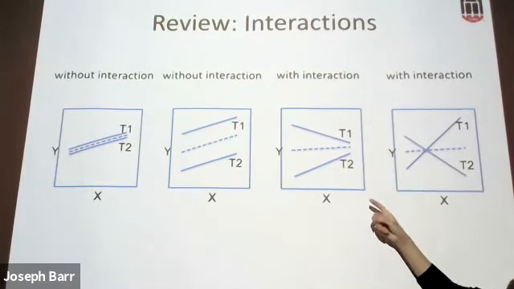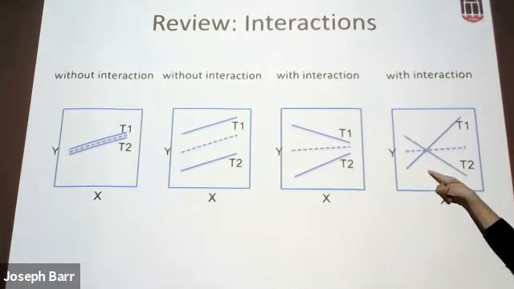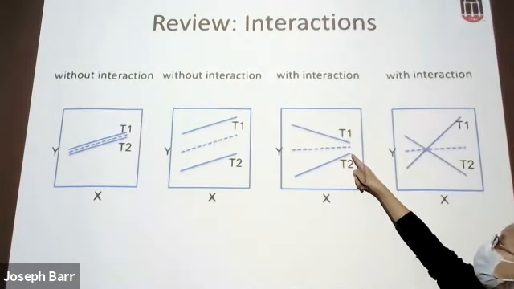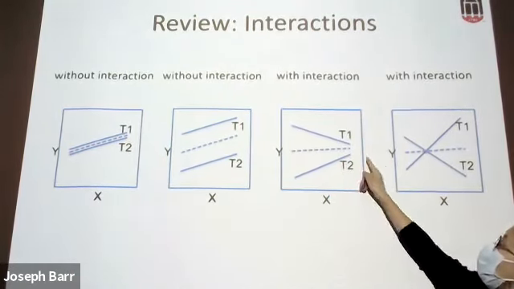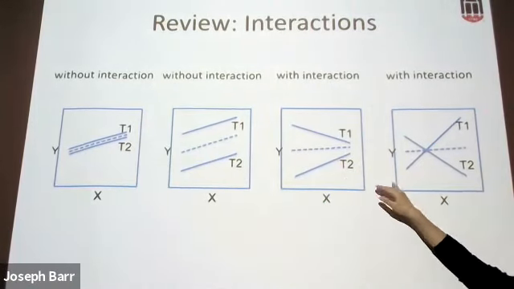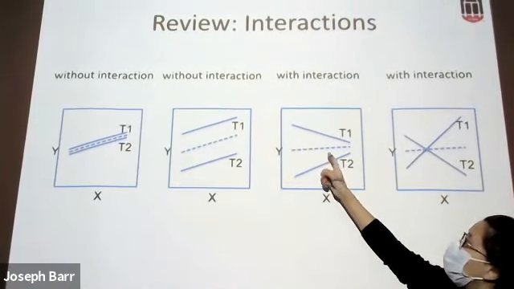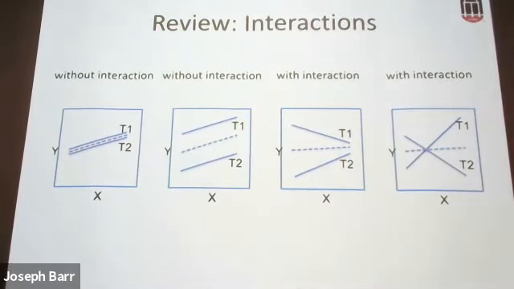The difference is that here we have an intersection, but here it's somewhere else. If you extend the X variable, although there's no intersection here, it's still not parallel for T1 and T2. So in these two cases, we have significant interaction effects.